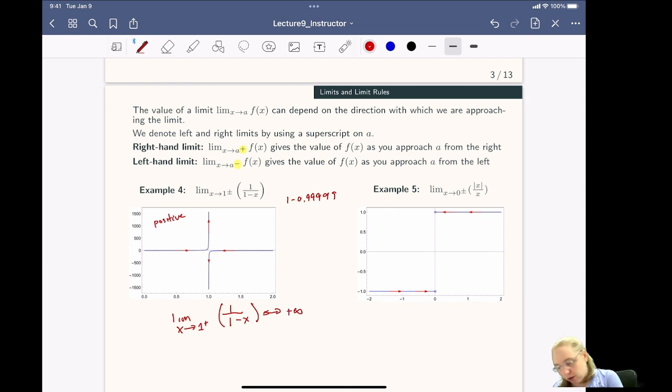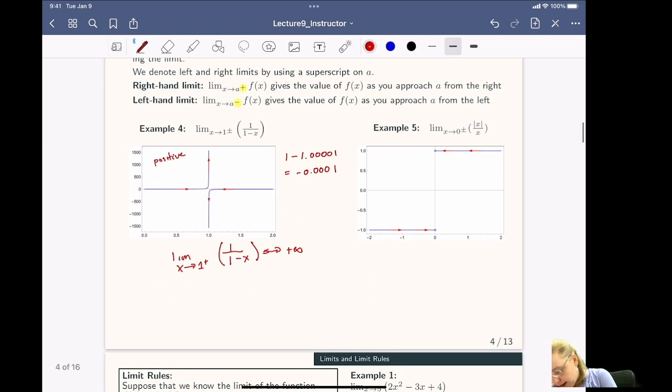Now, if we approach from the other side, this means that we are evaluating the denominator, which is 1 minus 1.00001, for example, or smaller and smaller numbers. This is equal to minus 0.0001, and it is a negative number. So the function evaluates as something negative, but once again, this denominator is getting closer and closer to 0, so the function flies off to minus infinity.